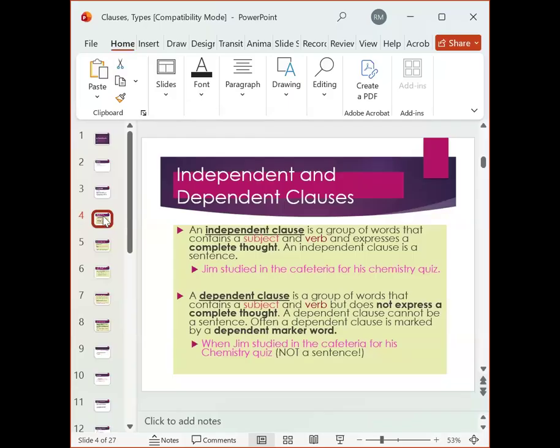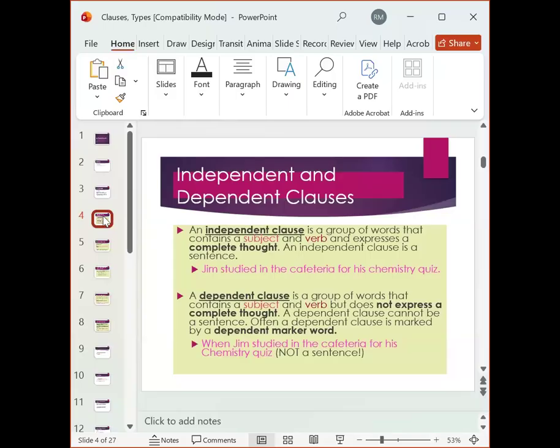An example is: when Jim studied in the cafeteria for his chemistry quiz. When Jim studied in the... are you like, what happened? And then what? It's as if the person hasn't finished speaking or finished making their information known. They have partly expressed the information they want to put across.